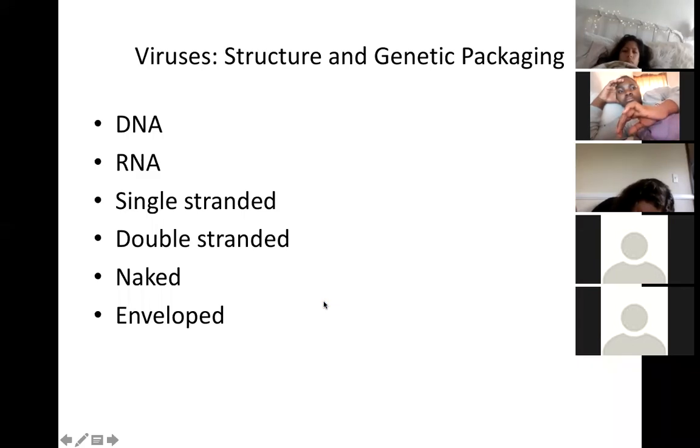Okay. So we'll talk about all of this in a little more detail, but viruses are incredibly diverse when it comes to the nucleic acid that they're carrying and how they're packaged. Viruses can have DNA. They can have RNA.